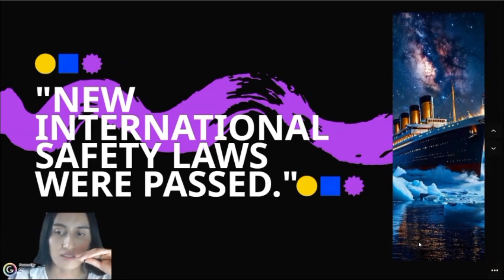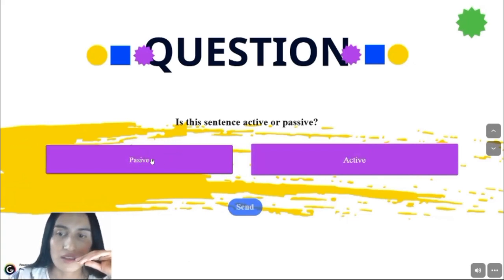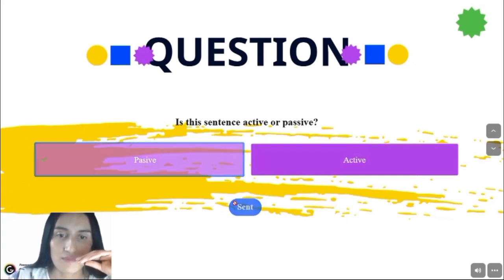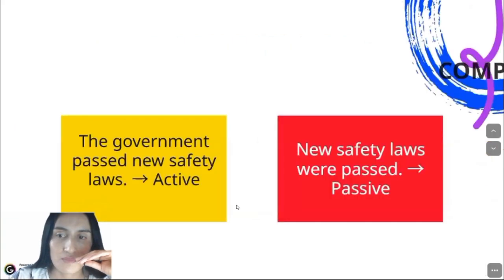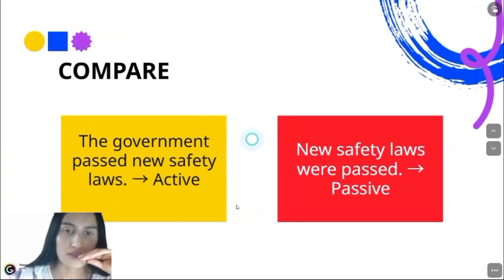Quick check, guys. Is this sentence active or passive? Okay, Luis, let's see. Yes, right. It was in passive voice.